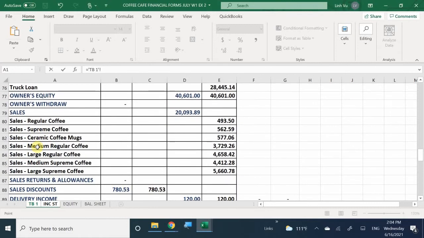I'm selling the same 7 items: my regular coffee, my supreme coffee, my coffee mugs, my medium regular, large regular, and my medium supreme and large supreme. So all of these are still the same.